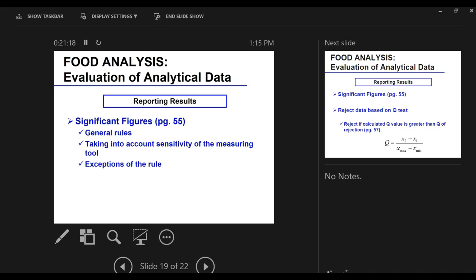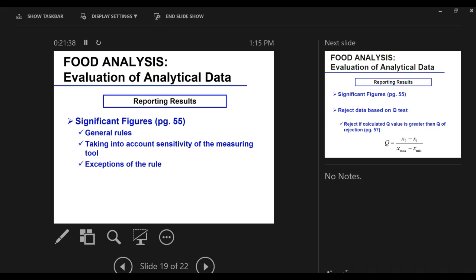What is the sensitivity of the tool I use to dilute? So now I can use 3 figures. Now I can report as 2180 micrograms per ml. Now I gain back some of my sensitivity.